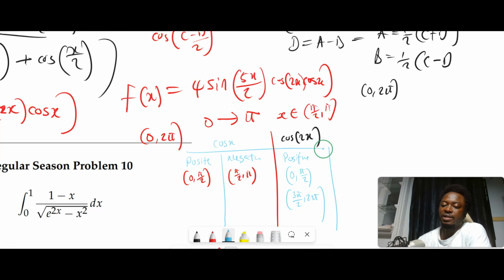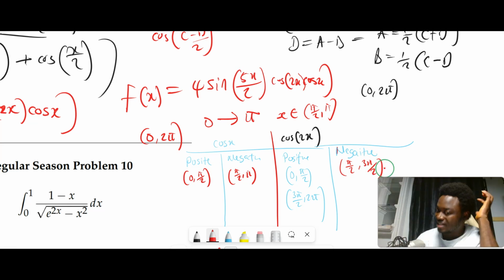And where is it negative? It is negative from pi over 2 to 3 pi over 2. So that is where it is negative.